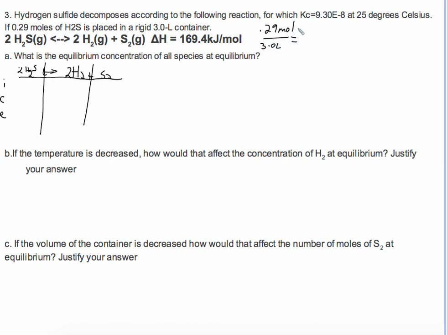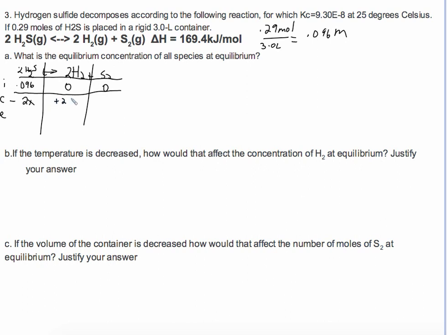So you take 0.29 moles divided by 3.0 liters, and that's going to give you an initial molarity of 0.096 molar. So that's initially what we have of this. And we would have 0 of this and 0 of that initially.